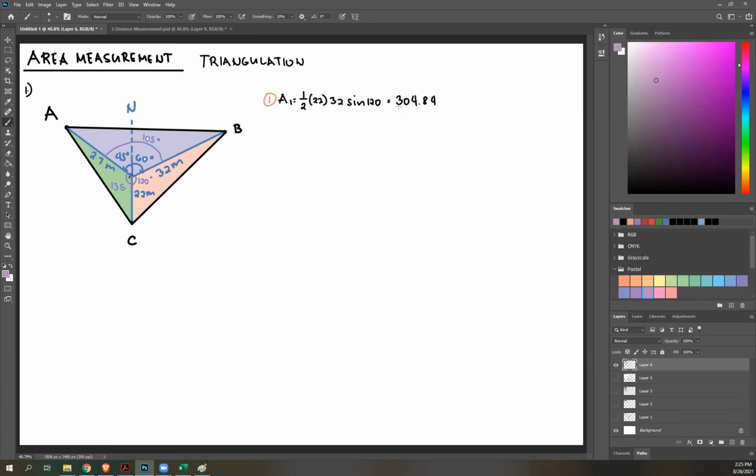Store that in your calculator for easier retrieval if it's more than 2 decimal places.